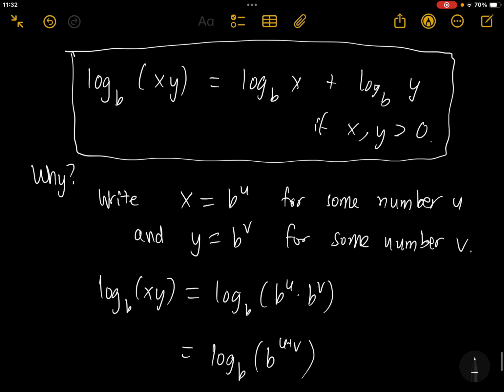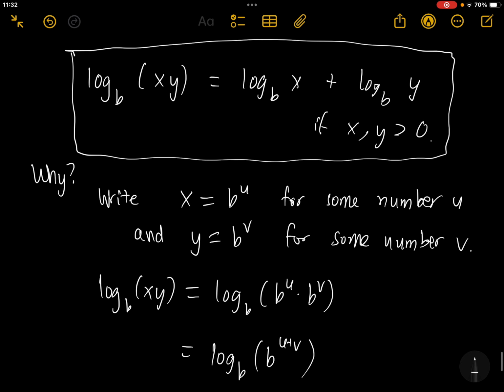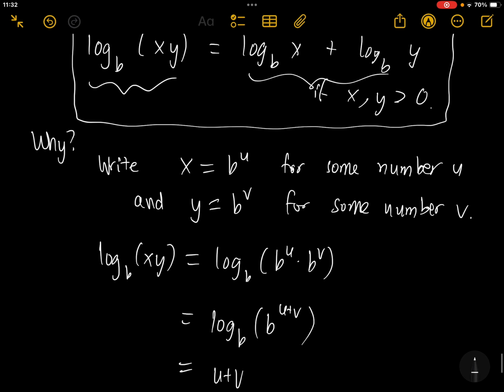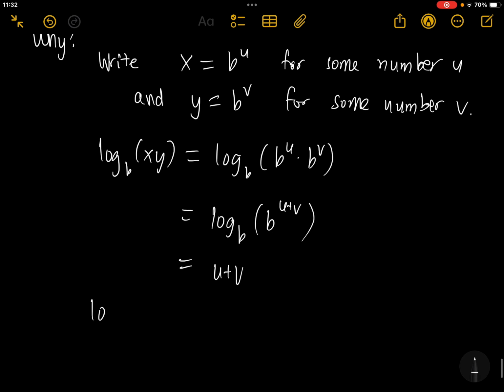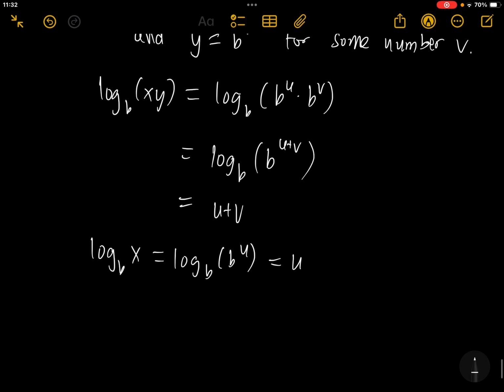And we're trying to show that this log sub b of x times y, the left-hand side, is equal to the right-hand side. So we should show that the right-hand side is also equal to u plus v. Well, you can probably see where this is going. Log sub b of x is log sub b of b to the u, so that's u.